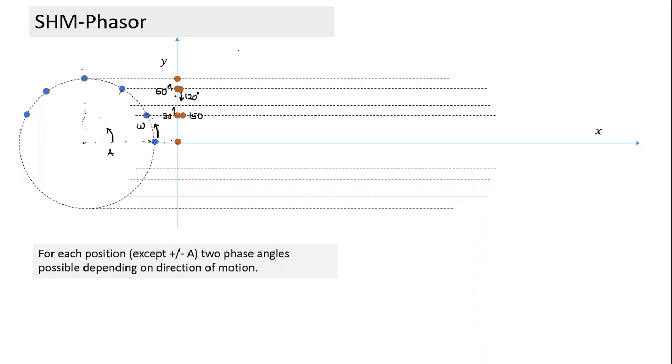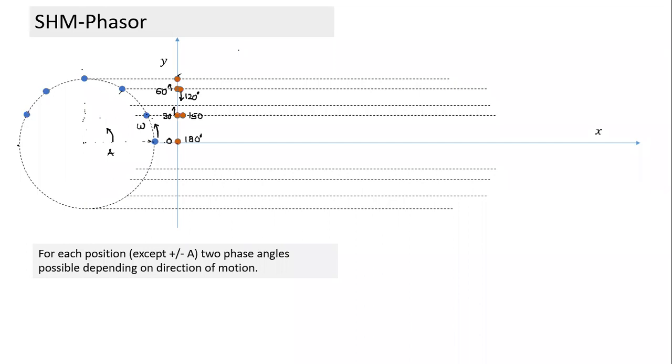At the extreme positions there's only one phase angle, 0 or 180 degrees. Everything else, like 60, 120, 30, 150, has two different phase angles possible, because there are two different positions on the reference circle. But which is the correct phase angle will depend on the direction of motion.